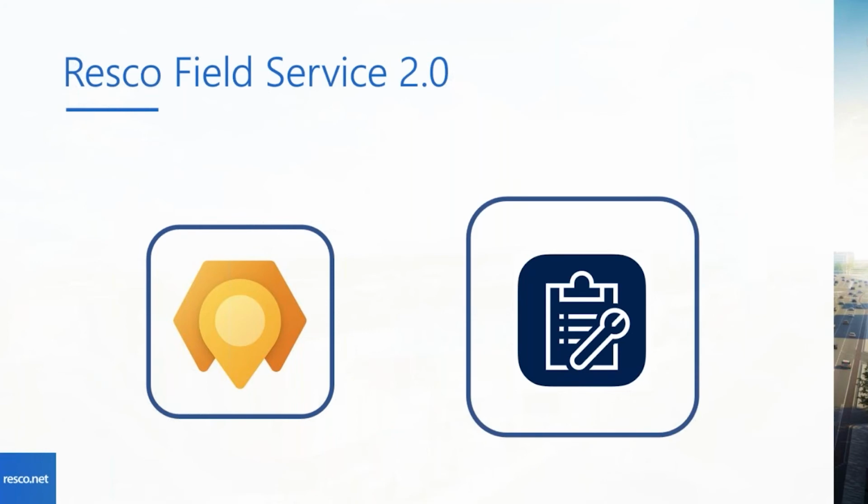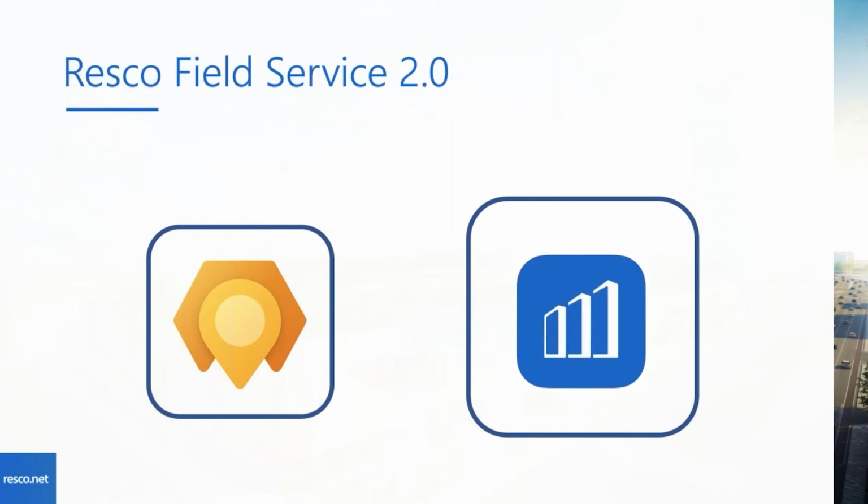So if you compare the two, the Power App on the left-hand side comes with some out-of-the-box features that come with Power App, with the field service. On the other side, we have the Xamarin application, the Resco one, which is the default one as of now, but the support for it is ending next year. It really brings all the best that Resco learned about mobility to all field service customers.